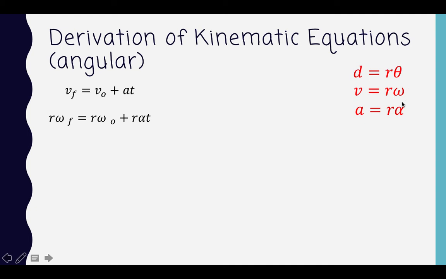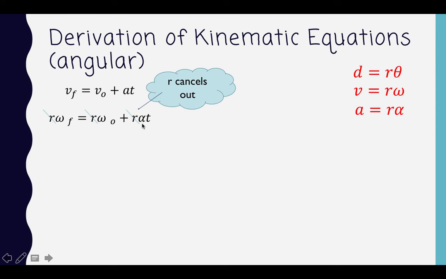We can substitute r omega in for every v that we see. So these 2 v's become r omega, specifically omega final and omega initial. Same thing with acceleration. Instead of calling it a, we're going to call it r alpha.